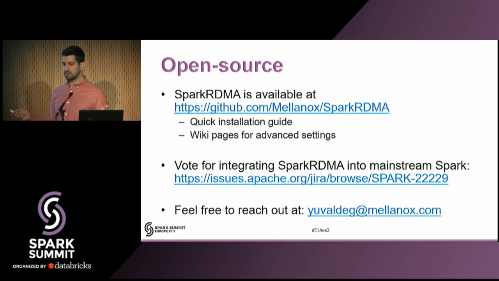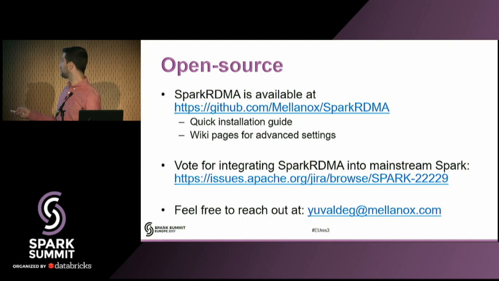So open source, SparkRDMA is available on GitHub. You'll find there a quick installation guide and wiki pages for advanced settings for those who are interested, and more information about the actual code and components and so on. We ask that you support us in integrating SparkRDMA into mainstream Spark.